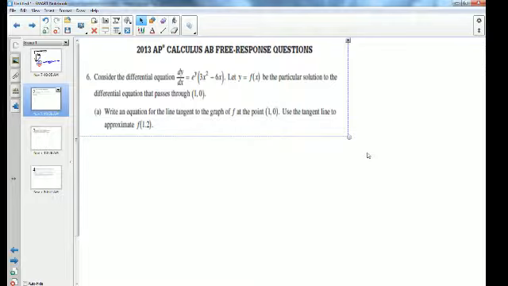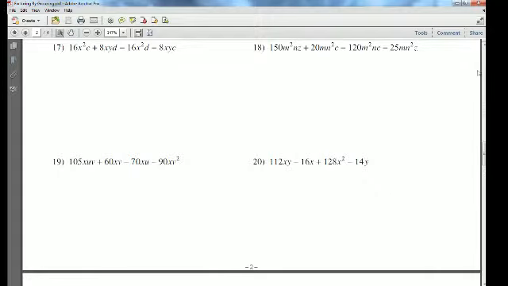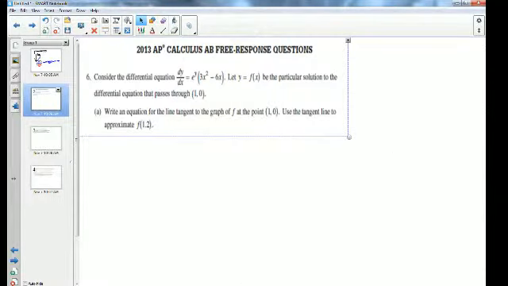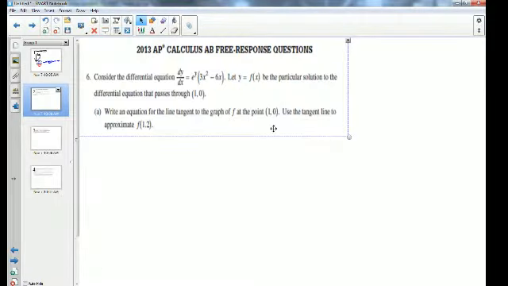Consider this differential: dy/dx equals e to the y times 3x squared minus 6x. Let y equals f of x be the particular solution to the differential that passes through (1, 0).